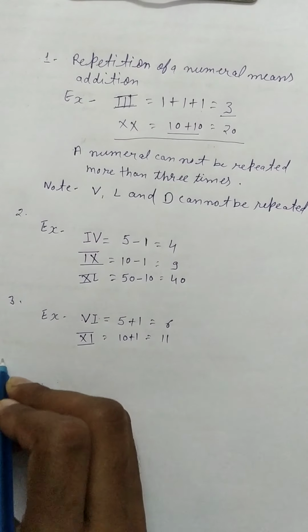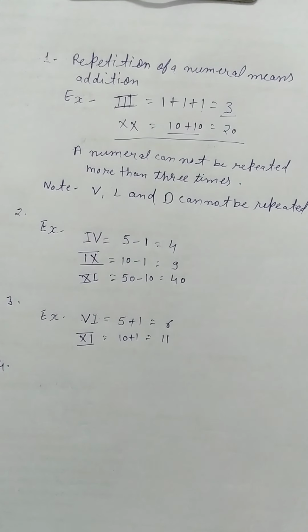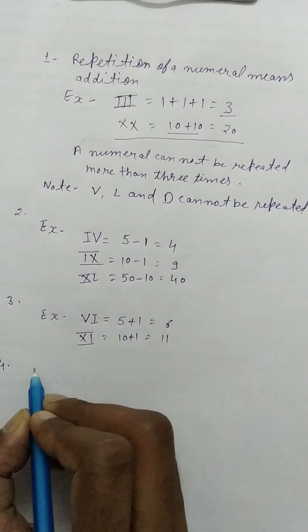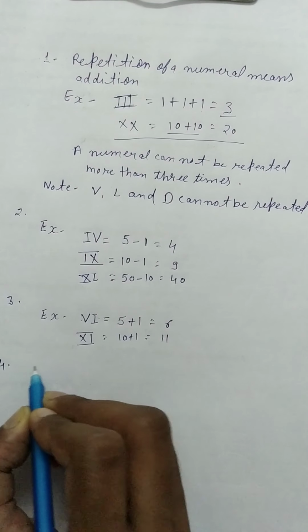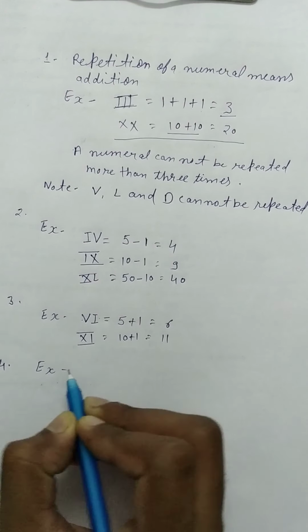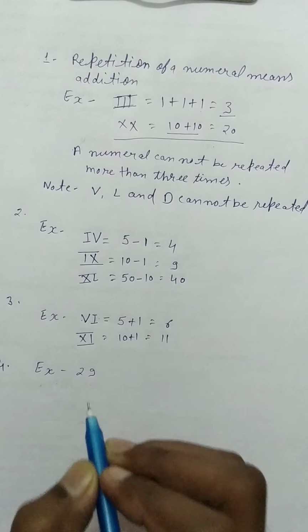Rule 4 is, for expressing a number greater than 10, the number is first split into terms of the tens and the ones. Suppose that we have a number 29.